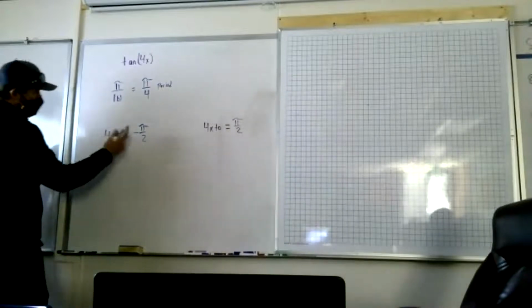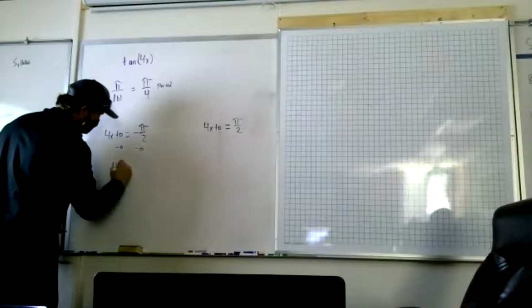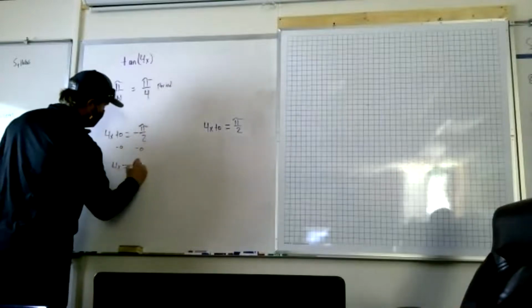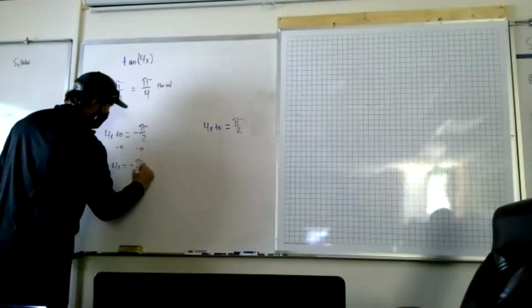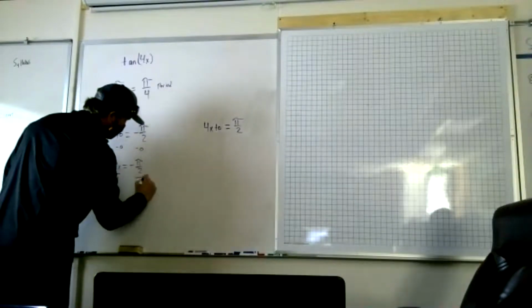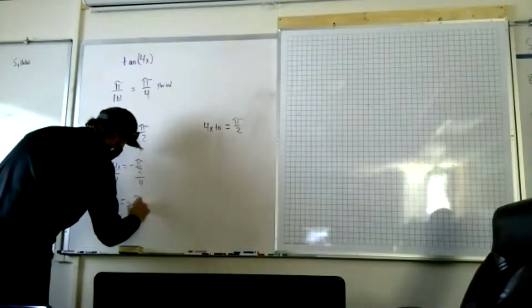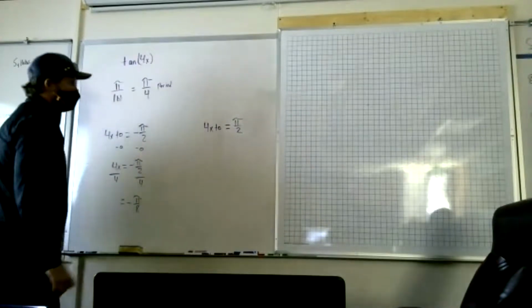So I'm going to add 0 or subtract 0 from both sides. I'm left with 4x is equal to a negative pi halves. And then I divide by 4 on both sides, which will give me negative pi over 8.